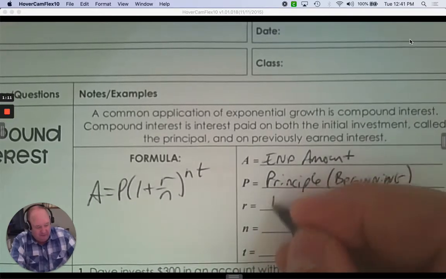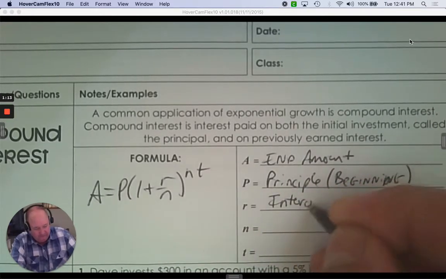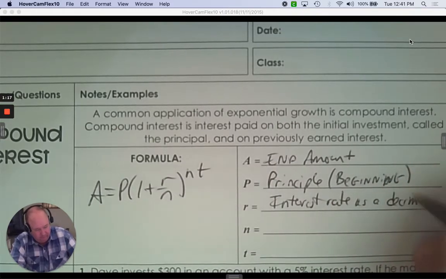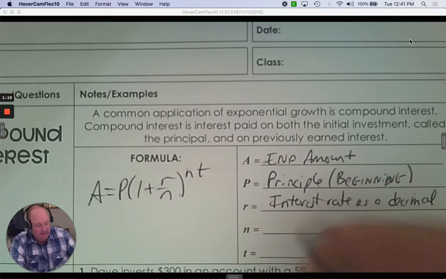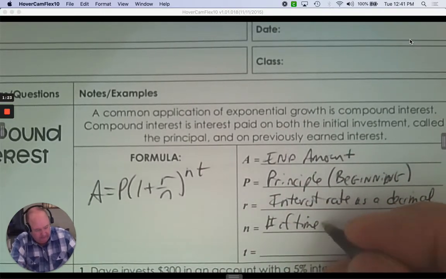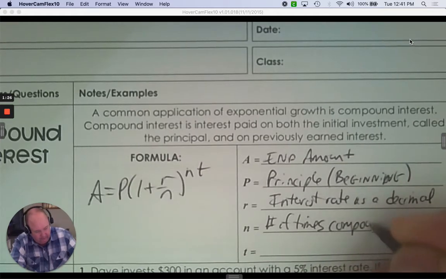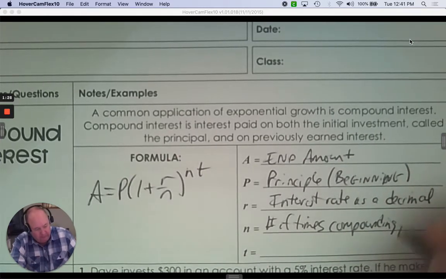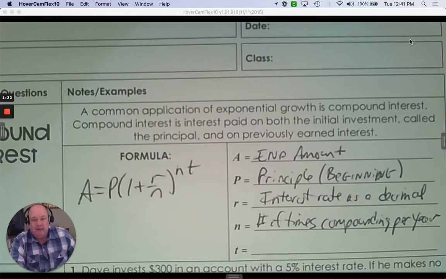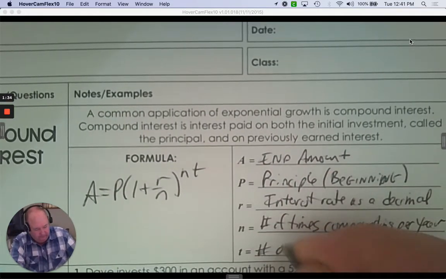R is the interest rate as a decimal. N is the number of times compounding per year. The more times you compound, the more you get, or the more you owe. And T is the number of years.